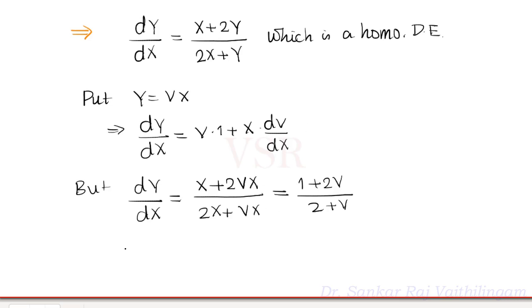So this implies that v plus x times dv by dx equals 1 plus 2v divided by 2 plus v. Okay, அவ்வளவுதான். இப்போ என்ன பண்ண போறோம், இந்த v யை அங்க கொண்டு வந்து கழிக்க போறோம்.